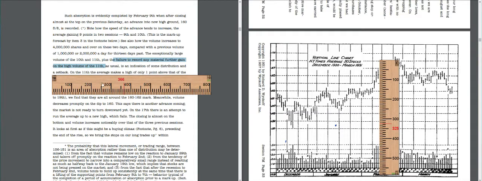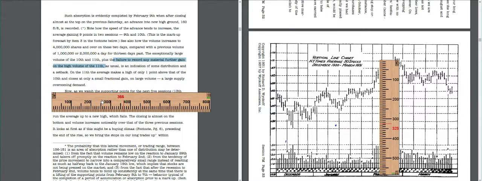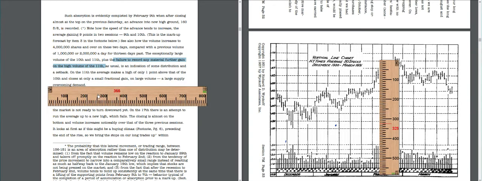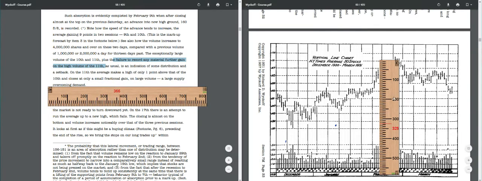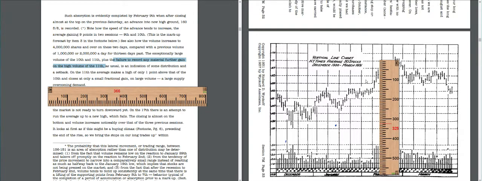On the 11th, the average makes a high. So what is the cause of the clustered close? What's causing the clustered close?